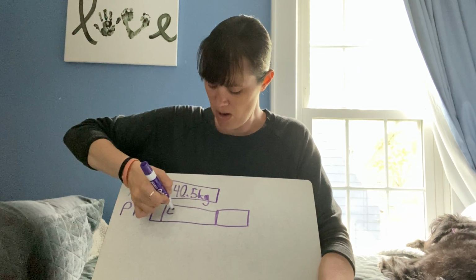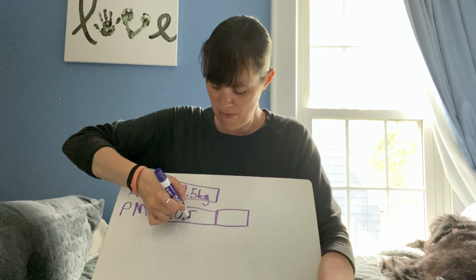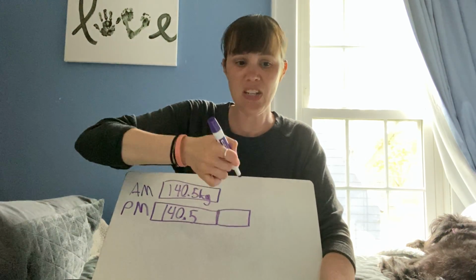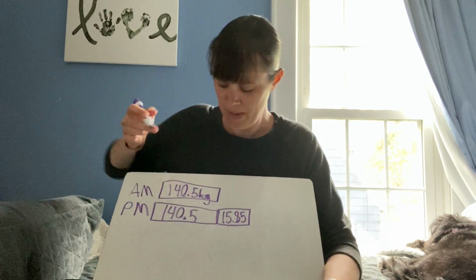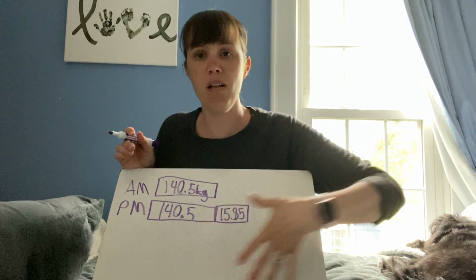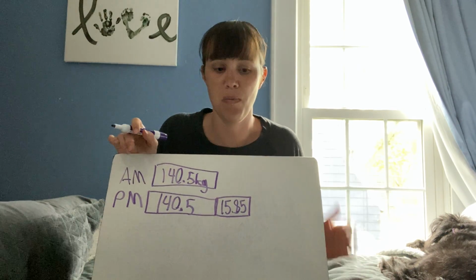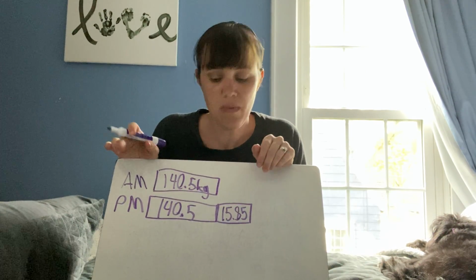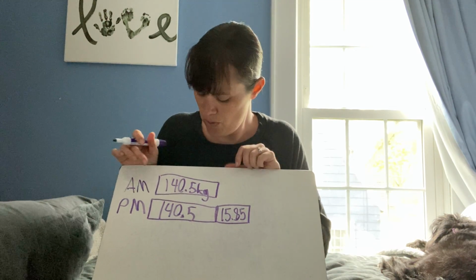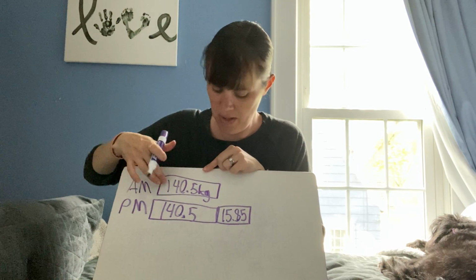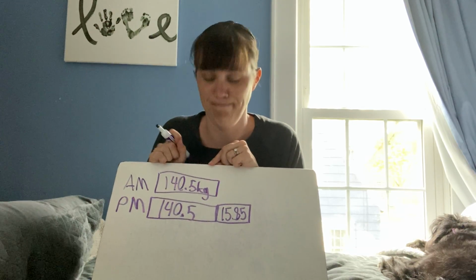So we have to take our 140.5 and add to it our 15.85. Once we add up all of those, then we'll know how much. So we need to do 2 of these and 1 of these guys.